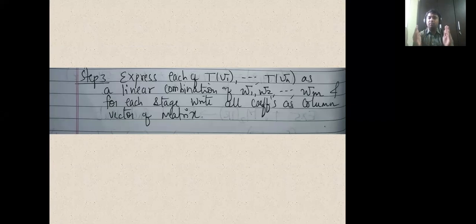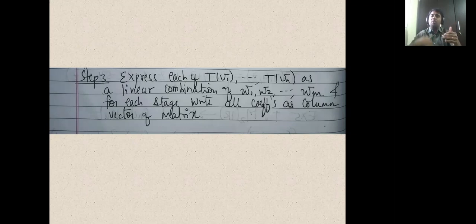Then write that 2, 3, 1 as a linear combination of W1, W2, Wm and get the coefficients, alpha, beta, gamma, whatever they are. Collect those coefficients and write them as a column. So first, T of V1 as a linear combination gives the coefficients, and you write them in a column. You will get the first column.